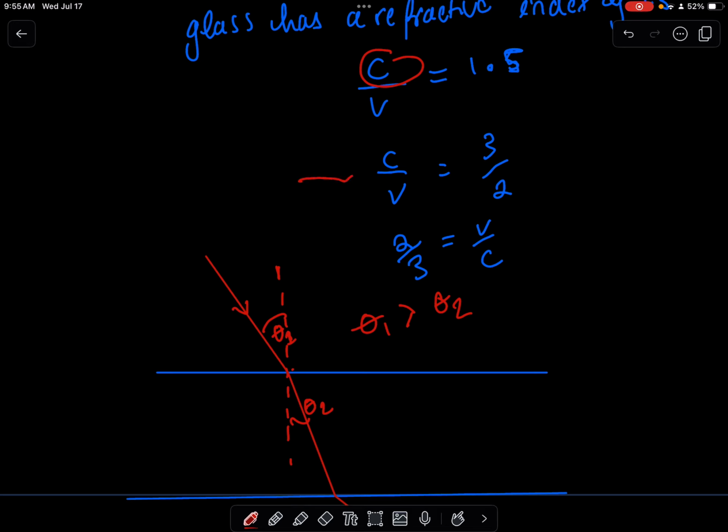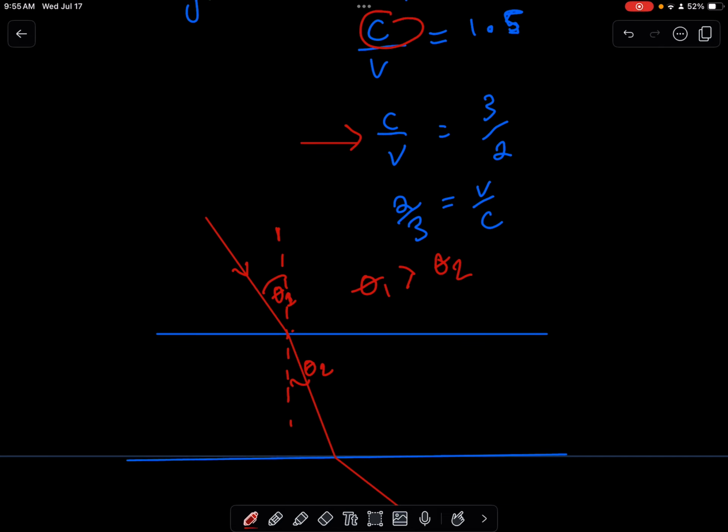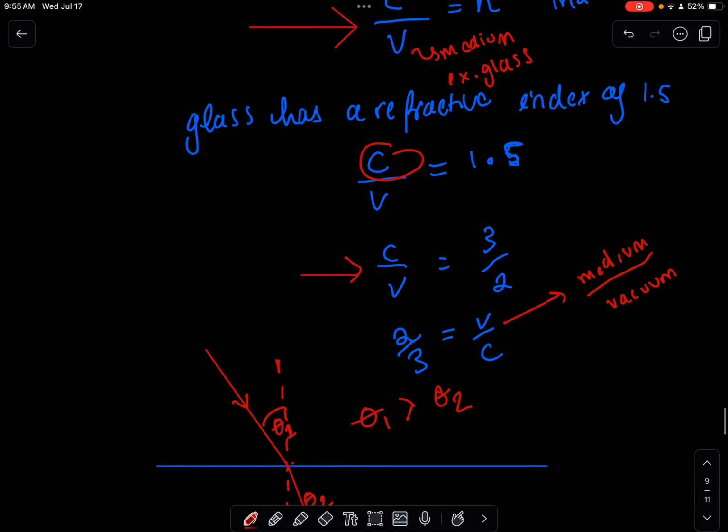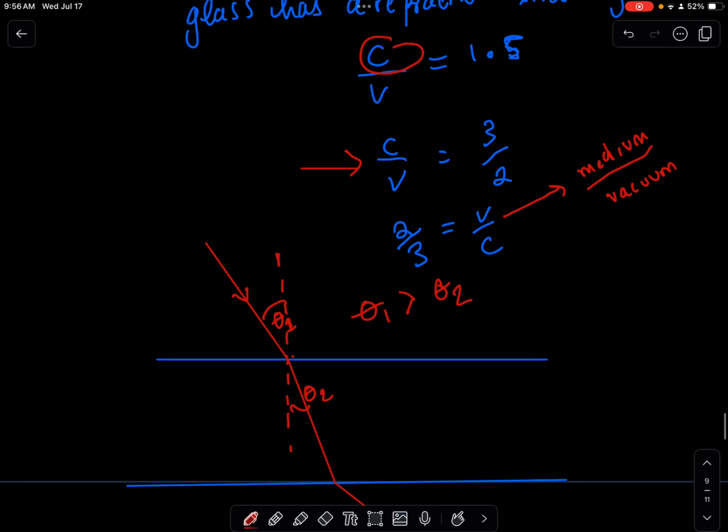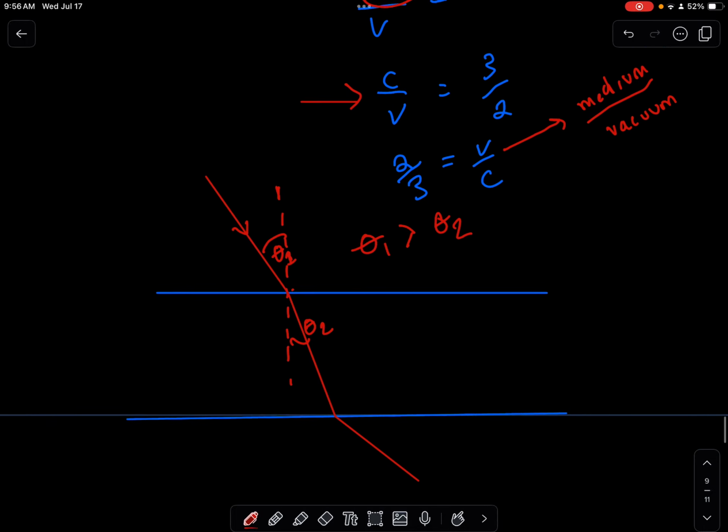Therefore, C over V is 3 over 2. So if we take the reciprocal of that, we can get the ratio of the speed of light in the medium over the speed of light in a vacuum. So in glass, light travels 2/3 of the speed that it does in air or in a vacuum.